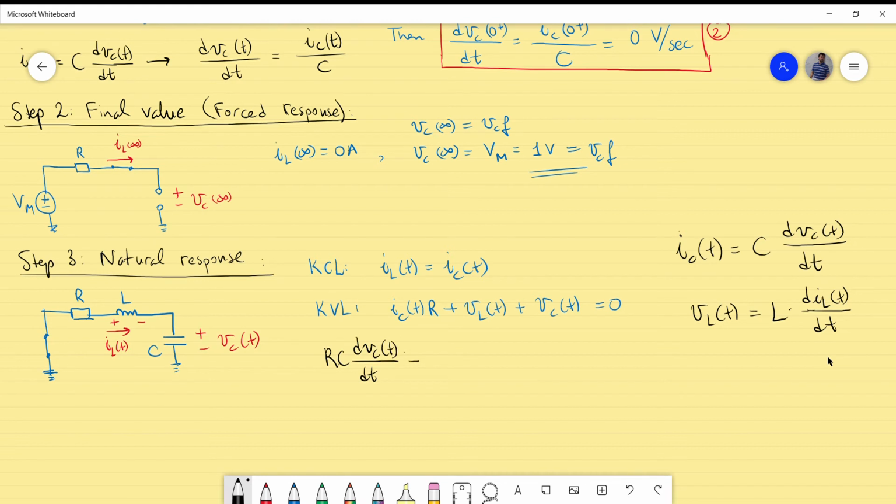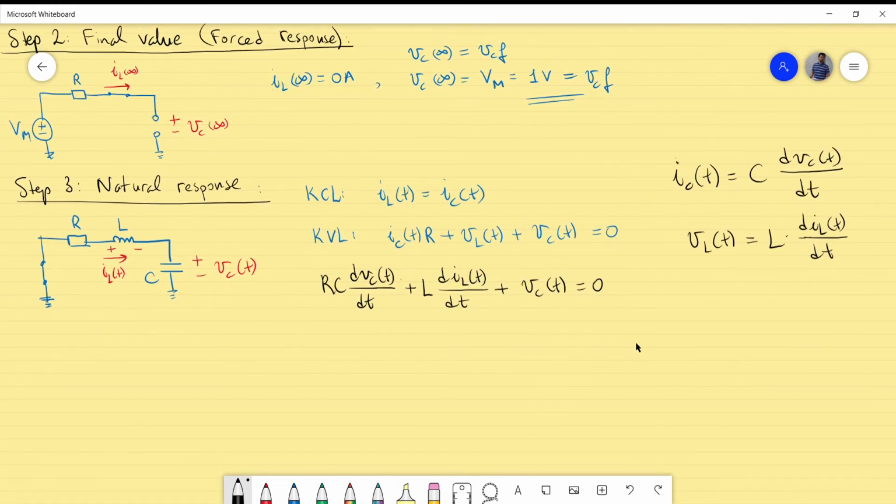The second one will be L times the derivative of the inductor current. Of course, that's also the capacitor current, but I will replace that shortly. I just want to go step by step so that you can follow it. And VC, I would like to keep as it is because I'm interested in that parameter.